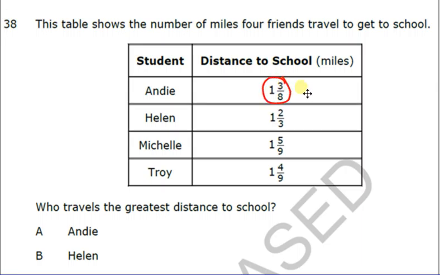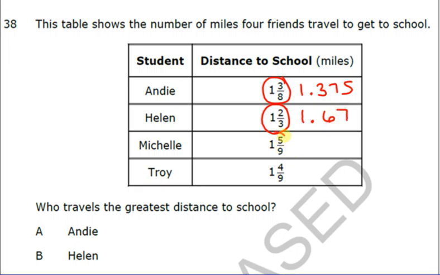3/8 a decimal? 1 point, and then in your calculator, do 3 divided by 8, and you're going to get 0.375. This guy right here, 1 2/3, that's going to be 1 point, and in your calculator, do 2 over 3. If you get a long decimal that's repeating, that's okay. Just round it off.